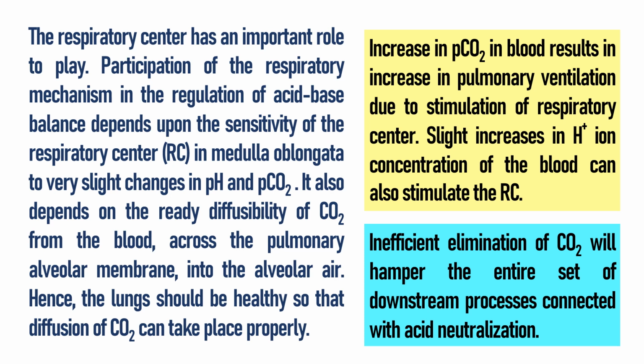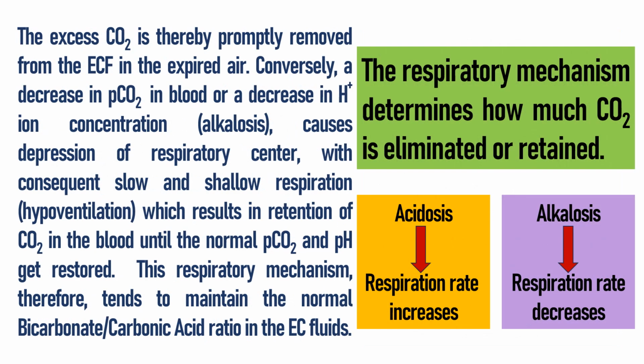Inefficient elimination of carbon dioxide will hamper the entire set of downstream processes connected with acid neutralization. The excess carbon dioxide is thereby promptly removed from the ECF in the expired air.